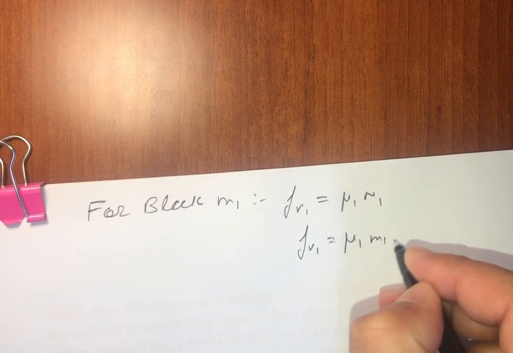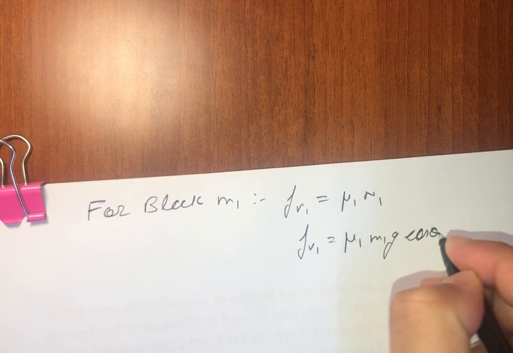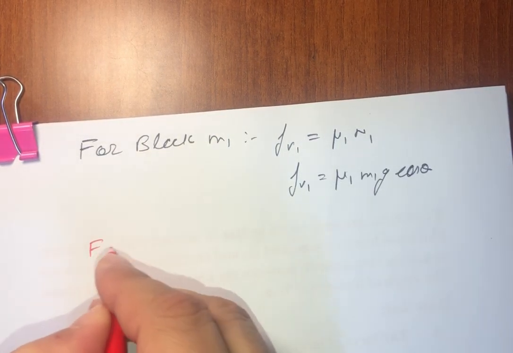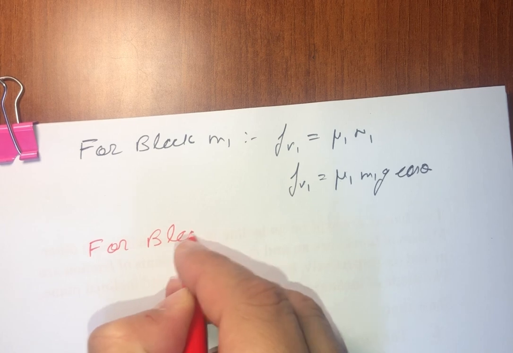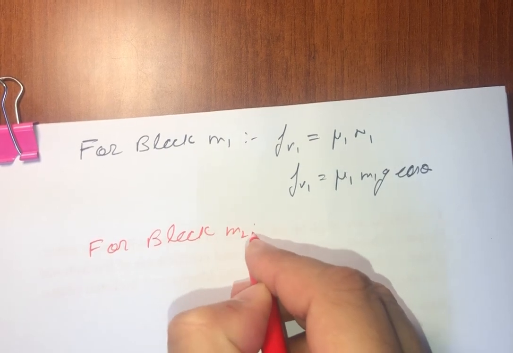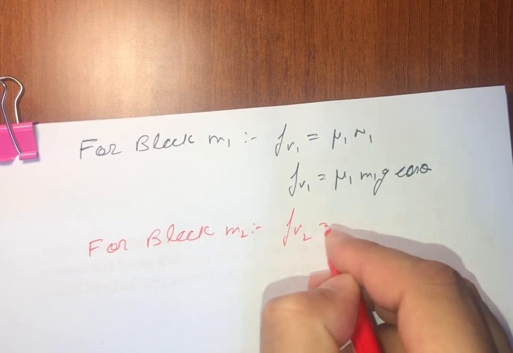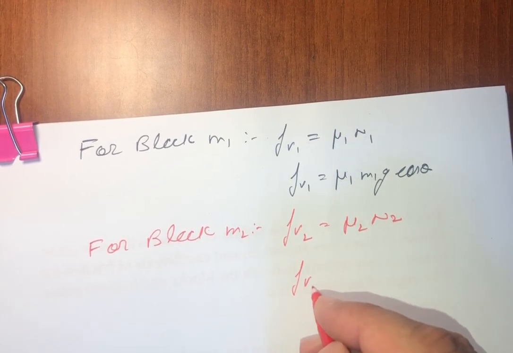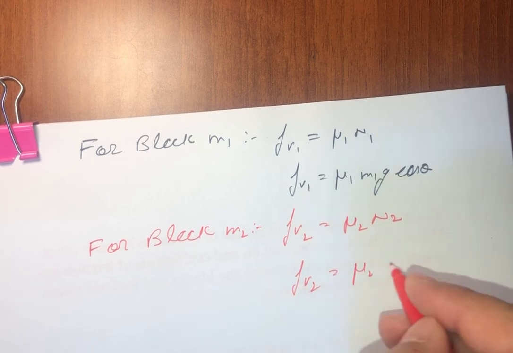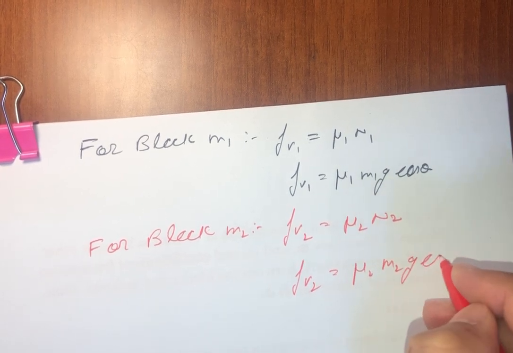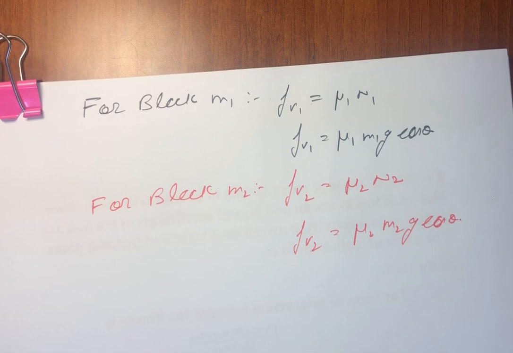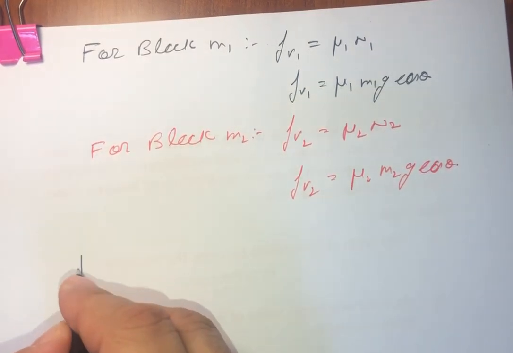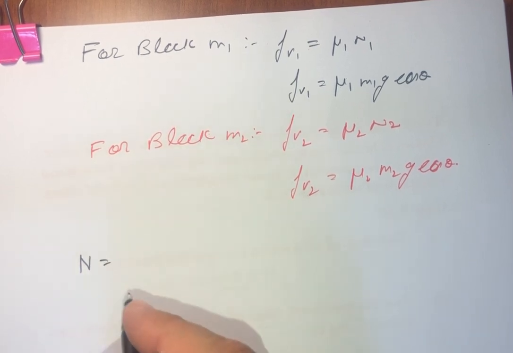So fr1 is mu1 m1 g cos theta. And for block m2 we have fr2, which will be mu2 into n2. From here fr2 is equal to mu2 m2 g cos theta. Now substituting these values, we get n.